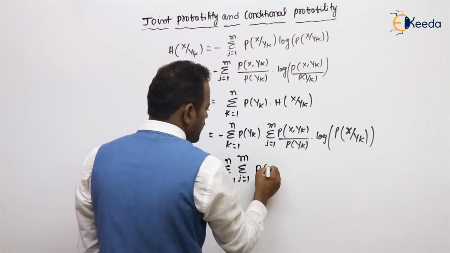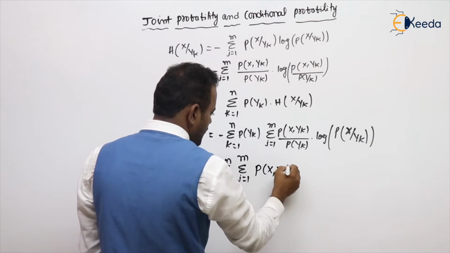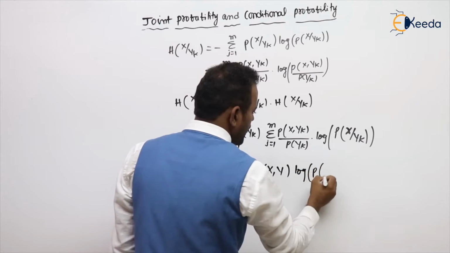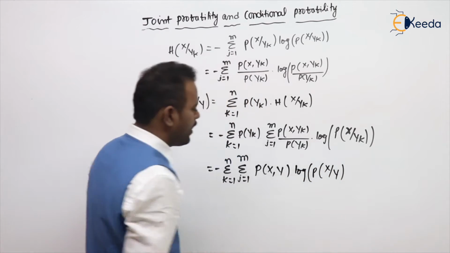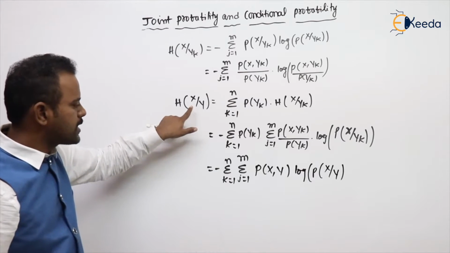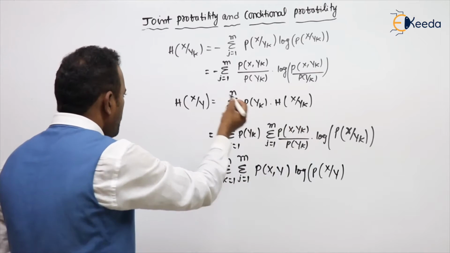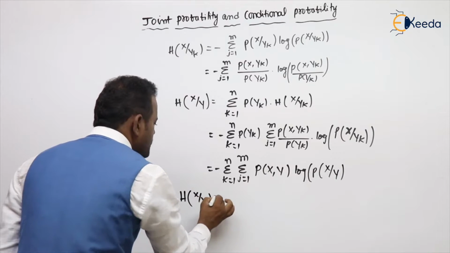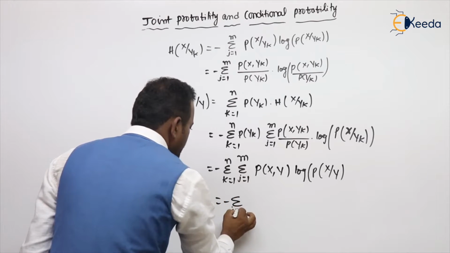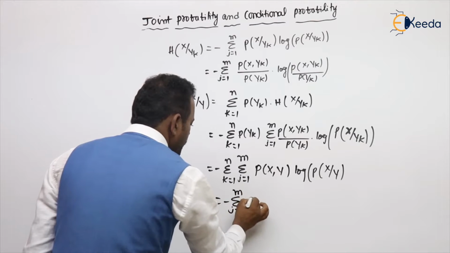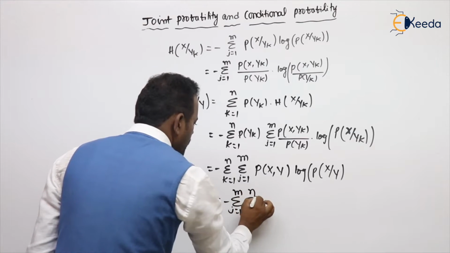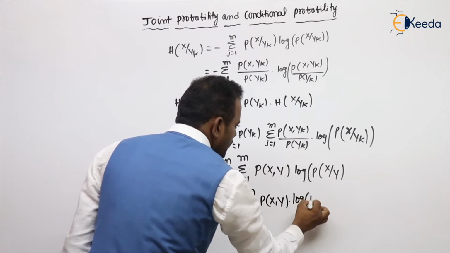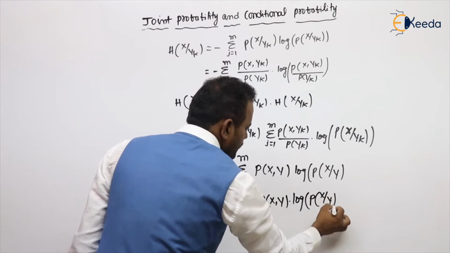What is this? Probability of x comma y, the combined thing, into log p of x by y. This is for all, so I am writing the average of the whole system. So finally, the conditional entropy of the system is minus summation j equal to 1 to m, k equal to 1 to n, p of x comma y into log p of x by y.